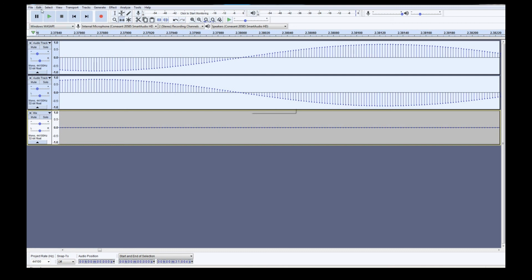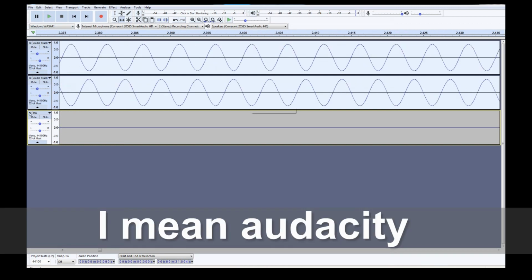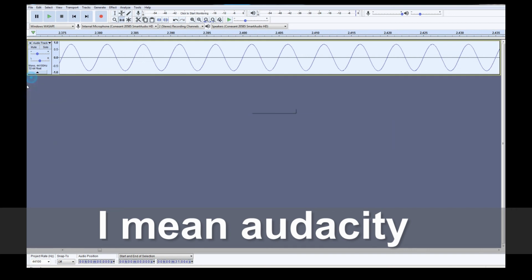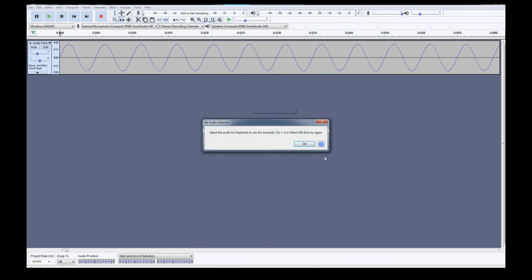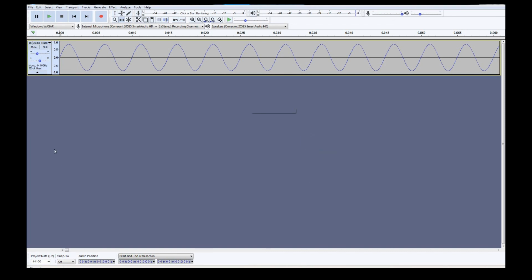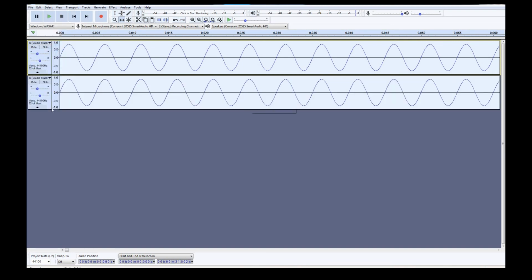Now, can Audacity do this on its own? Oh, yes, it can. Watch. Get rid of these two waves. Take the original wave. We'll go backwards to the beginning. And we're going to go Edit, Duplicate. Didn't select a wave. Control A, Edit, Duplicate.